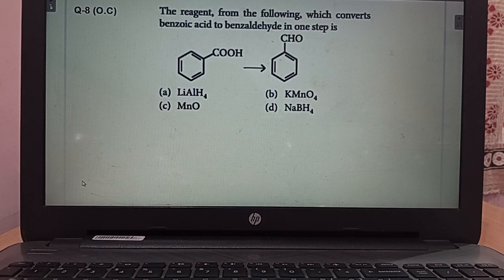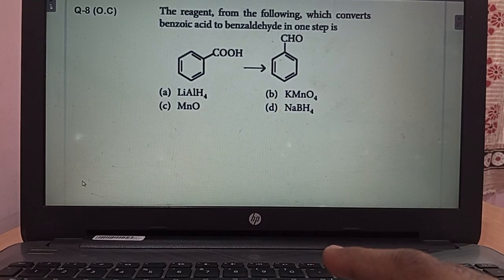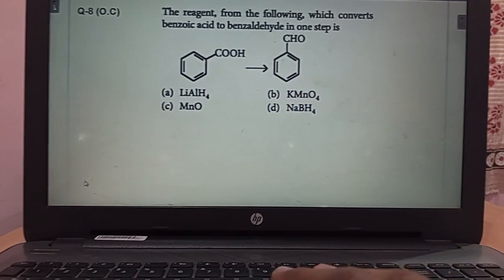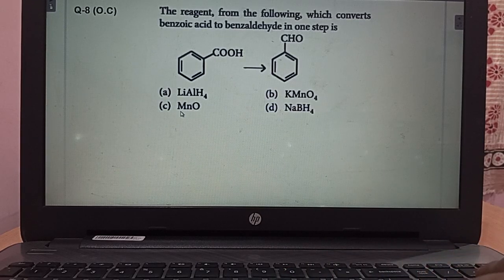KMnO4 is not used here because carboxylic acid cannot be converted into aldehyde with it. Lithium aluminum hydride converts carboxylic acid into alcohol, and sodium borohydride is similar. But MnO, manganese oxide, is the mild agent that converts the carboxylic acid into aldehyde. So the answer is manganese oxide.